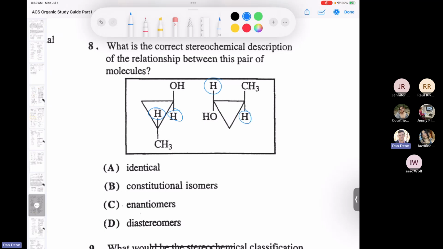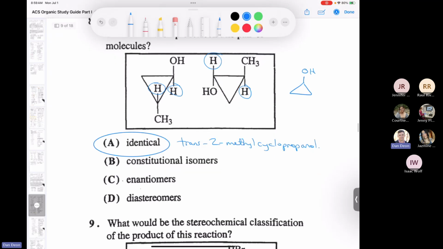So these two compounds are identical, they're the exact same compound. Now that you learned how to name an alcohol, you call this cyclopropanol. Anyhow, let's move on to number 9.